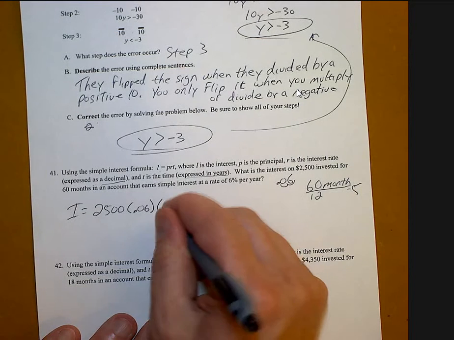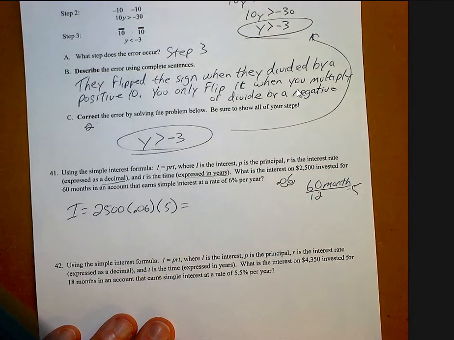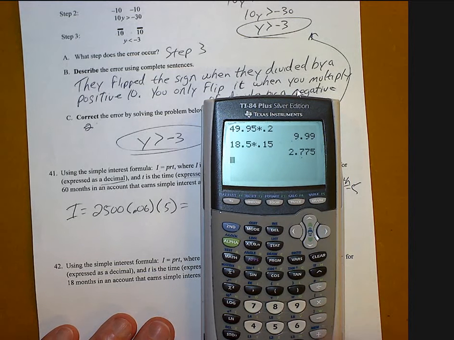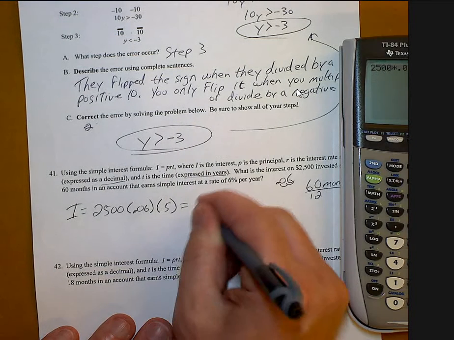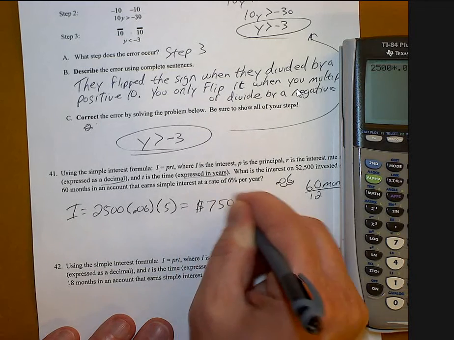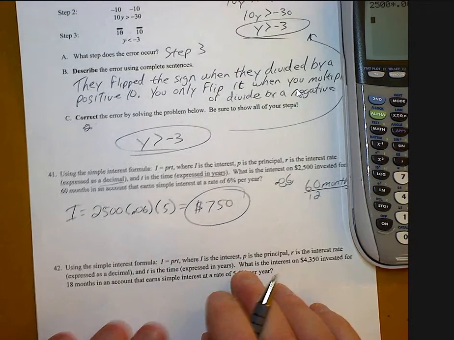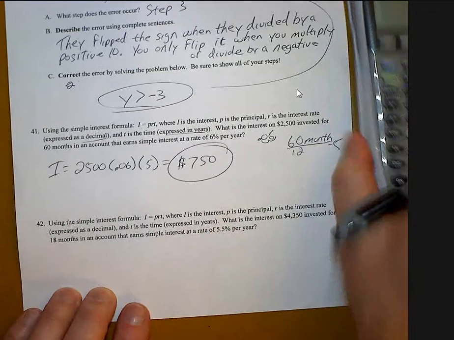So 5 is going to go here, and it's going straight into the calculator. 2,500 times 0.06 times 5 equals $750. Alright?